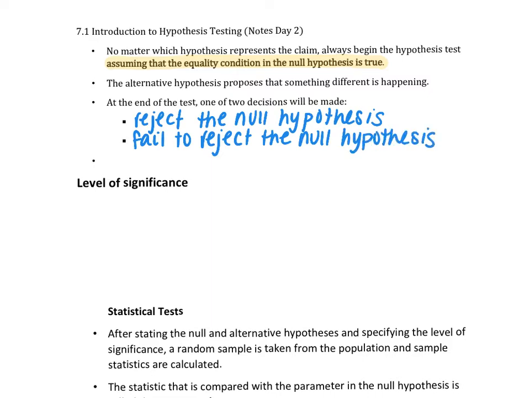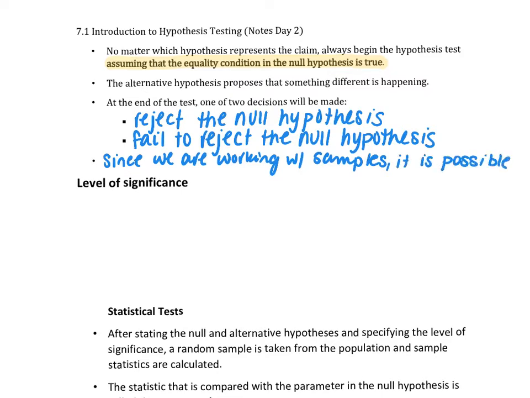Okay. Now, since we're working with a sample, not a population, it's possible that we make the wrong decision. It is possible the wrong decision gets made.